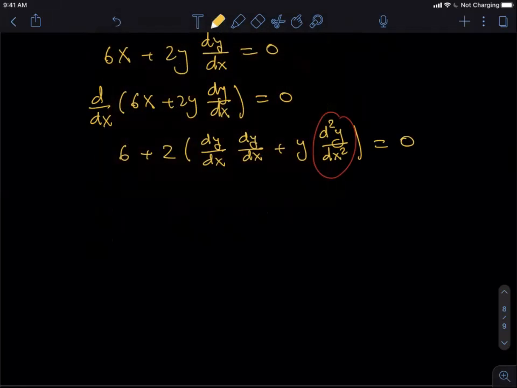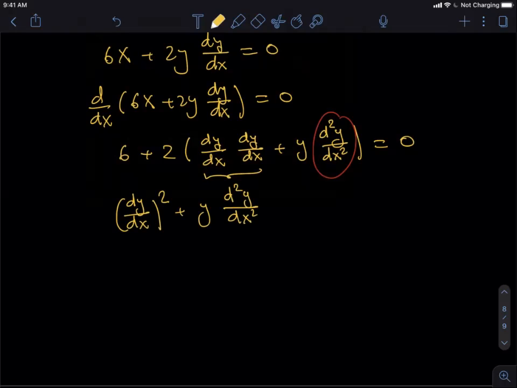To do that, just notice here we have the square of the derivative plus y d2y dx2. This must be equal to negative 6 divided by 2, which is negative 3.